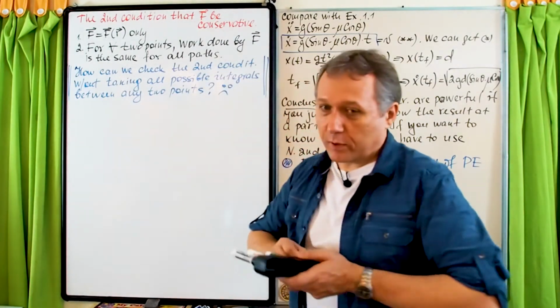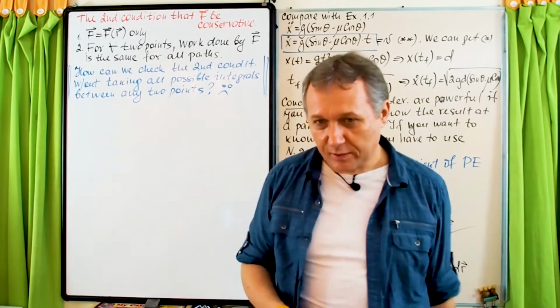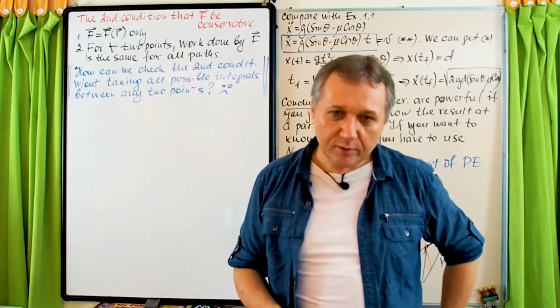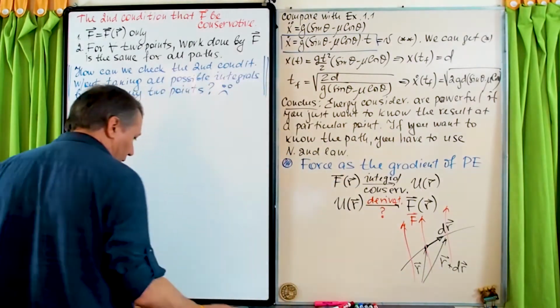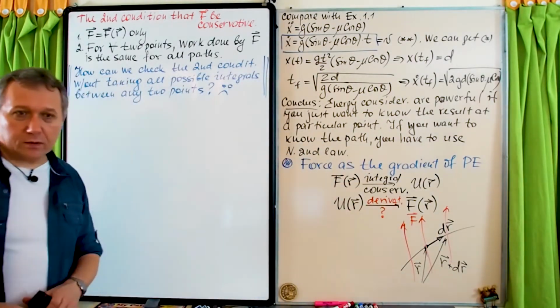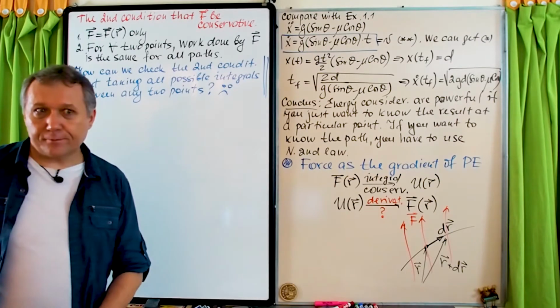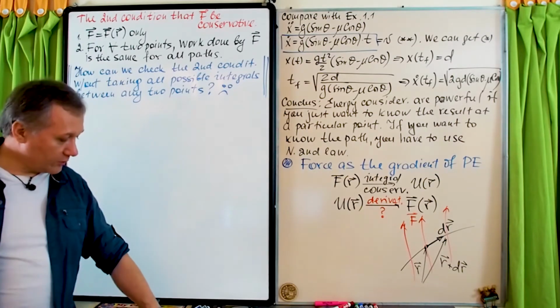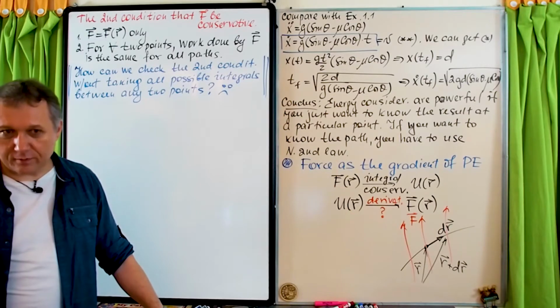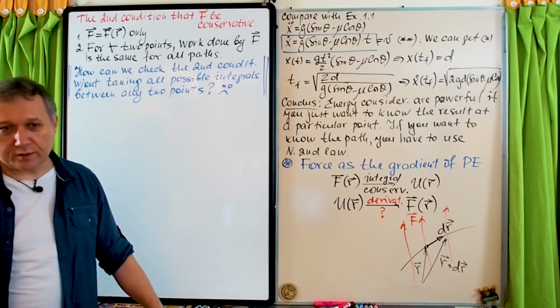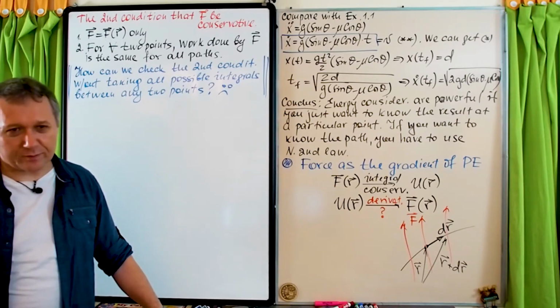Okay, so first of all, let me state the new form of the condition, and then we will prove it. And of course, you know that, right? Basically, if you have a force function, if you take the curl of that force, and if that curl is 0, then that force is conservative.